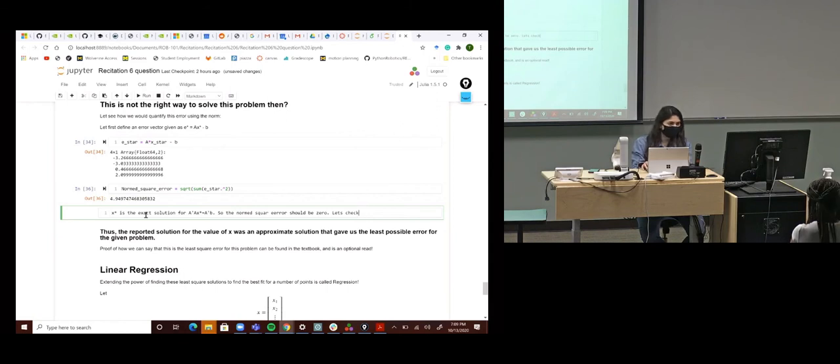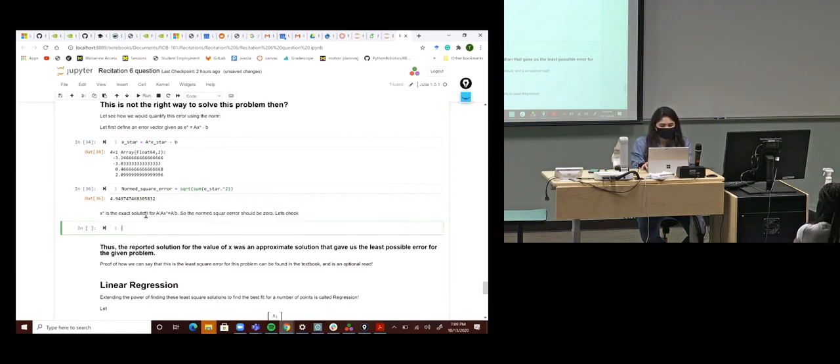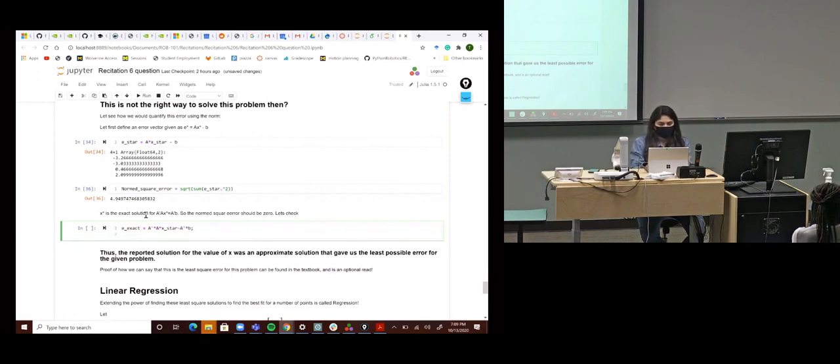I'll update these solutions, by the way. So I get E exact equals A transpose times A times x star minus A transpose times B. And then I'm just going to copy this, paste it here, and call it E exact.